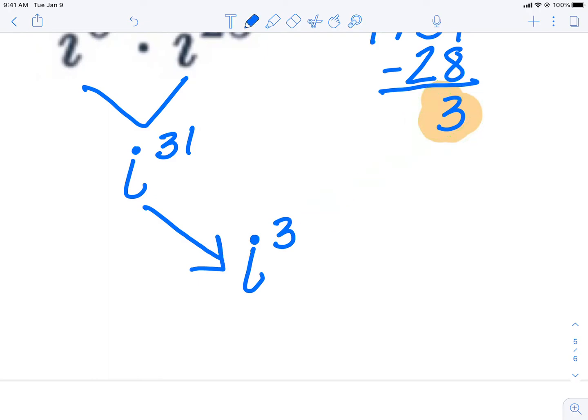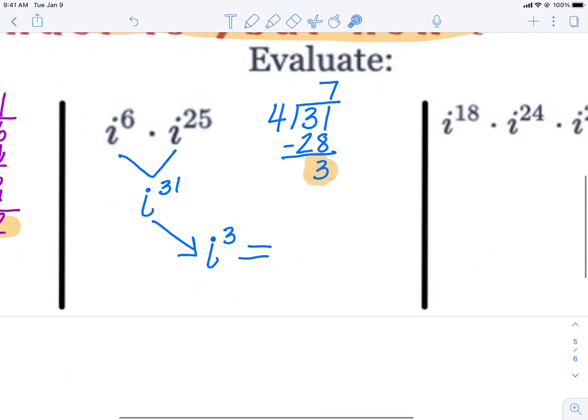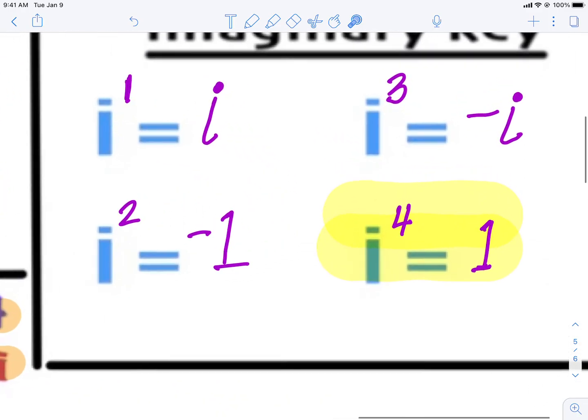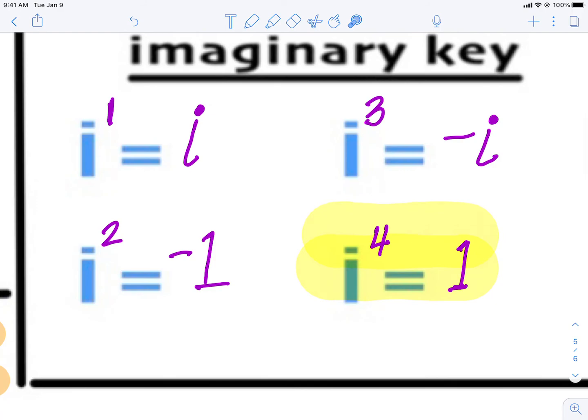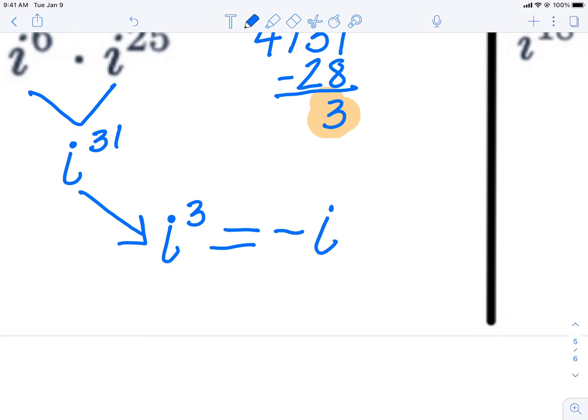So now I can say I to the power of 3, right? This I to the power of 3 is equal to what? Well, I have my key right here. How much is I to the power of 3? Negative I, right there. So this gives me negative I.